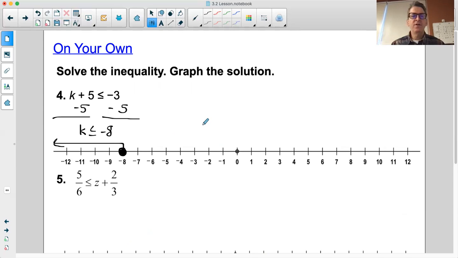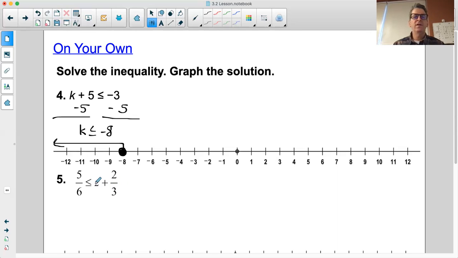Not a lot of difference between the first three on your owns and the next three on your owns. It's mainly a little bit tougher in finding the variable, and it's pretty much the same. So let's take a look at number 5. 5/6 is less than or equal to z plus 2/3. Again, we have a fraction here.